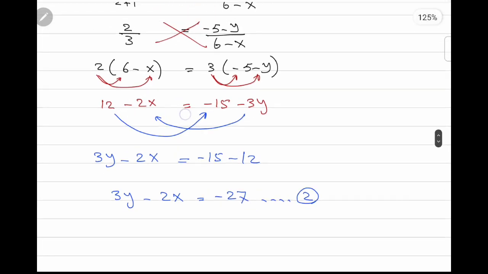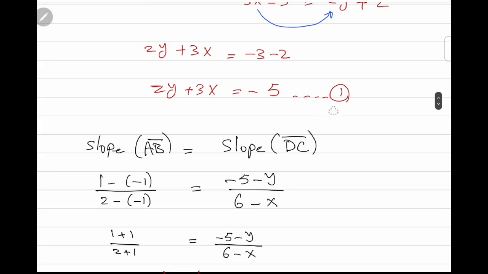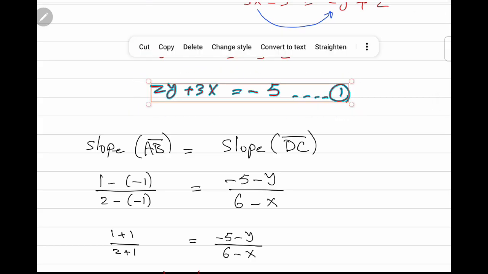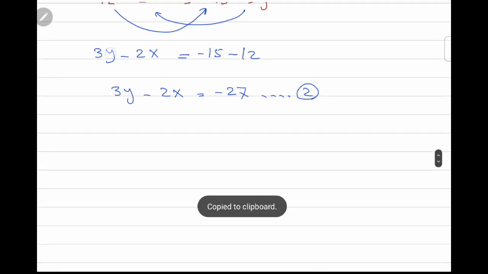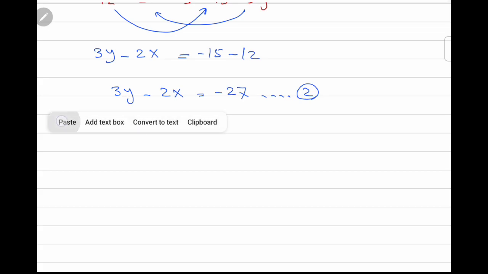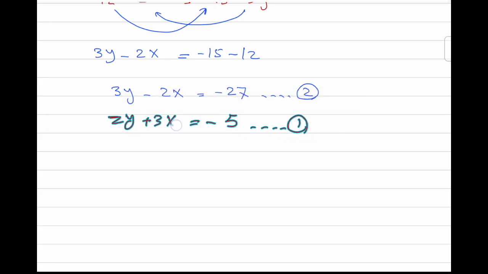So let's bring back equation 1 here and put it next to the other equation. As you can see, this is called simultaneous equations. And how do we solve it?